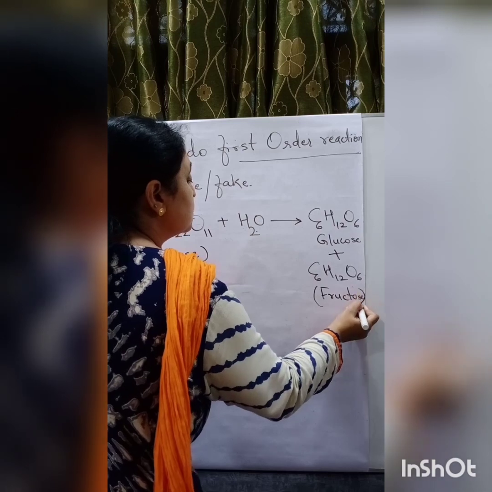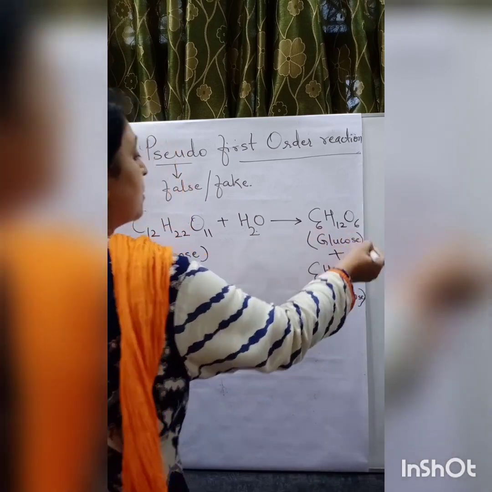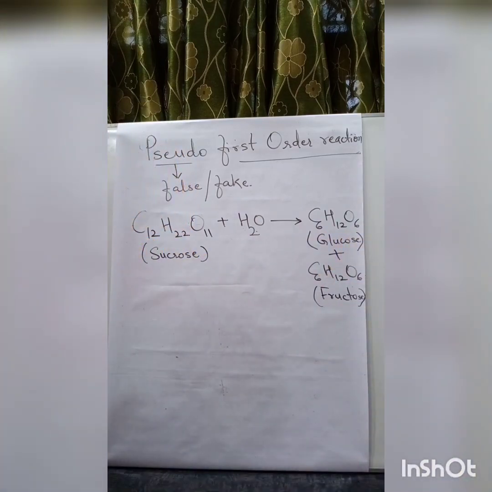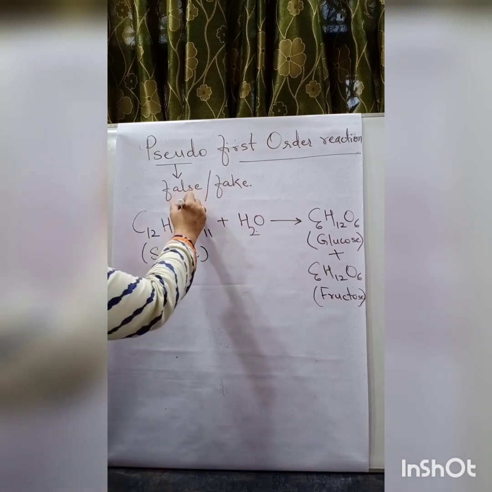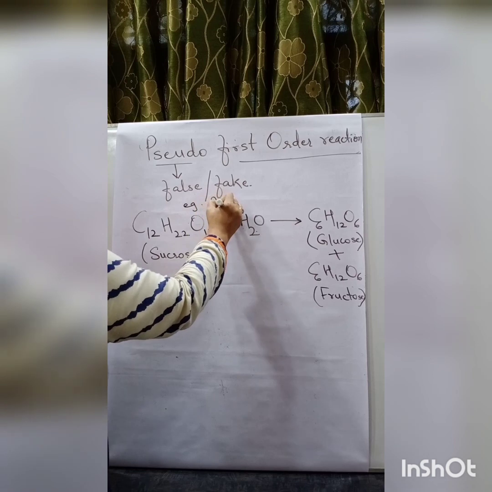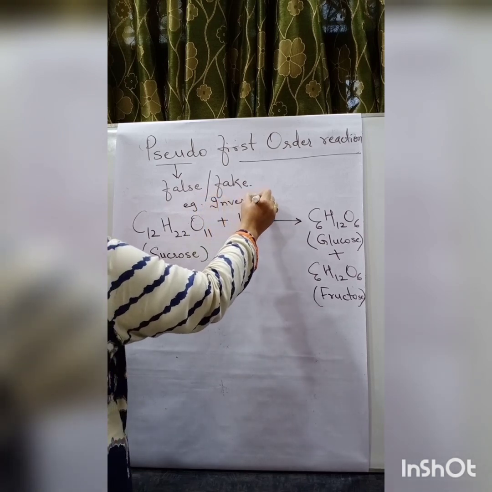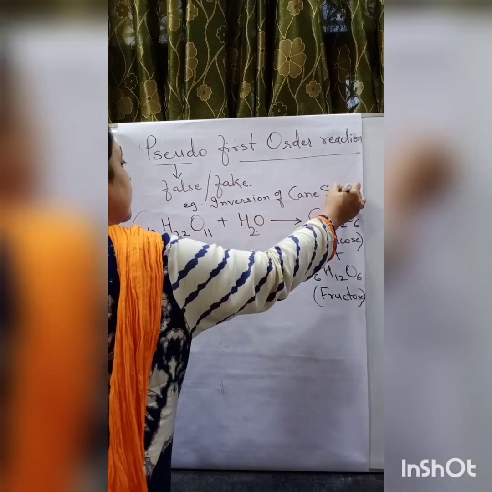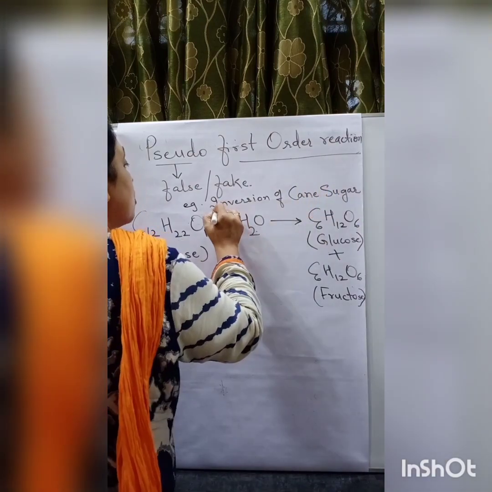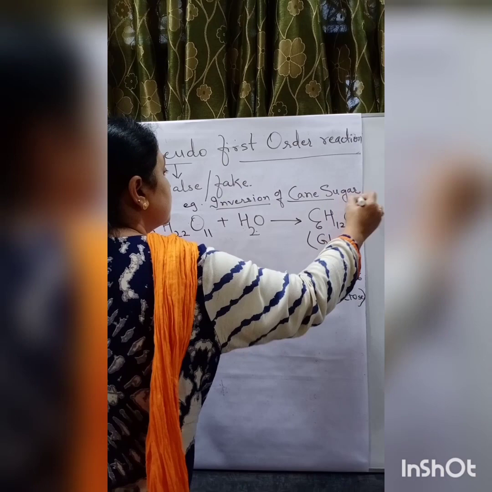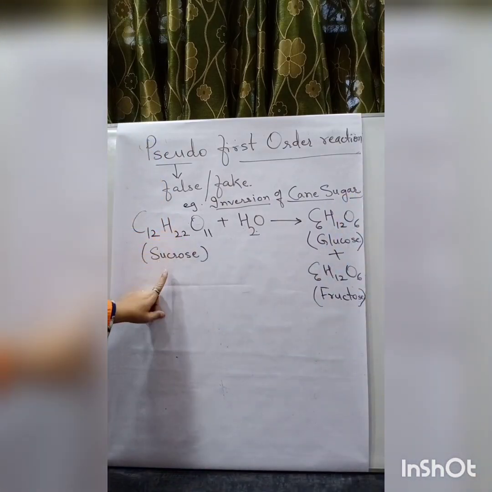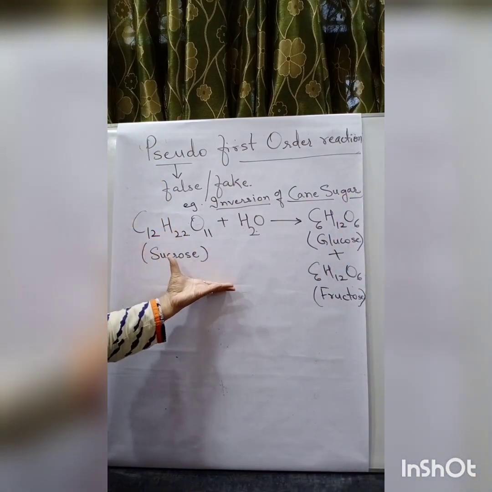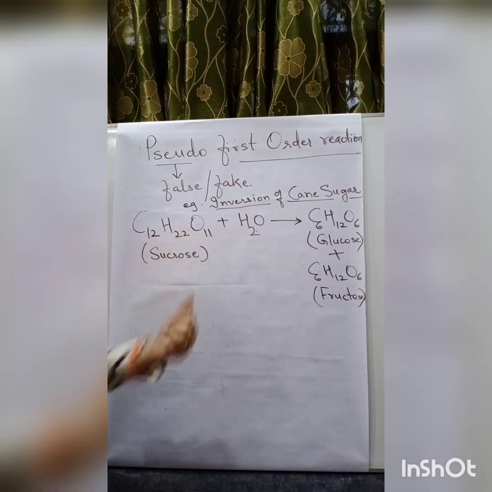Glucose and fructose both are having same molecular formula, only there is change in their orientation. Now, this is the example of inversion of cane sugar. Sucrose is also called as cane sugar. The sugar which you are using at your home, that is what? Sucrose. Now you can see this reaction, two reactants are involved.